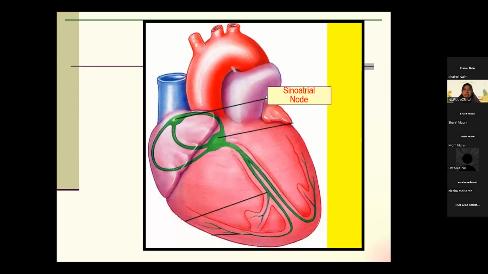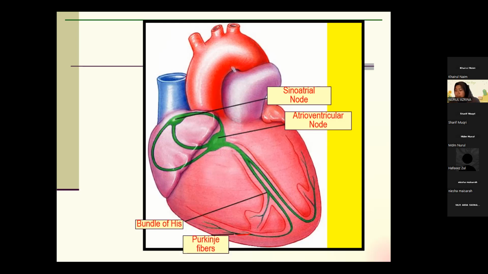Okay, so you have here, this is the sinoatrial node or the SA node. Okay, so next we have here the atrioventricular node. It is named atrioventricular because it is located between the atria and the ventricle. So that's why it is called the atrioventricular node, or you can use AV node, right? And then down here, we have the bundle of His. Okay, right? And then this is the Purkinje fiber.